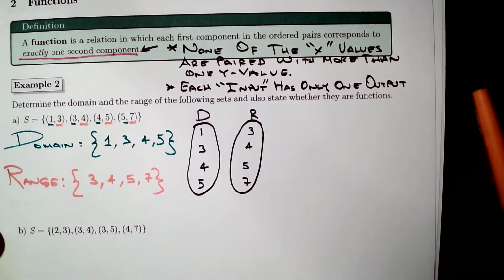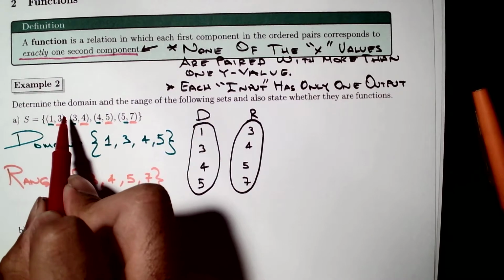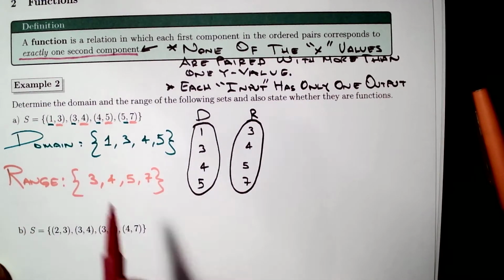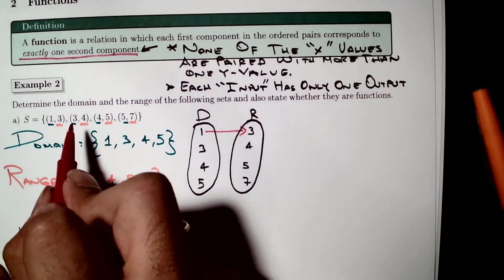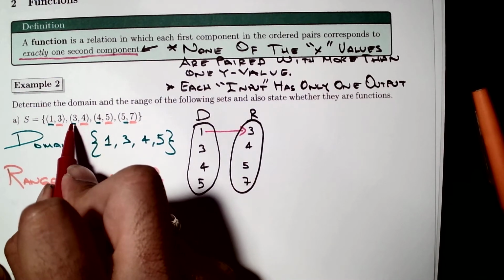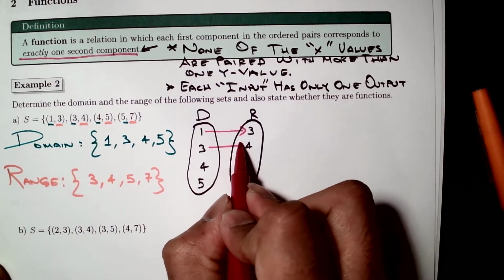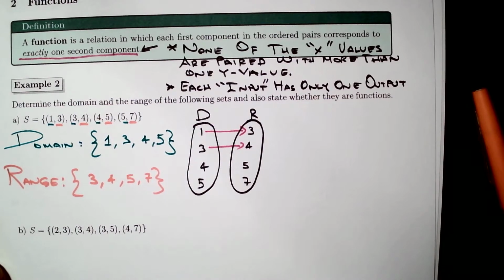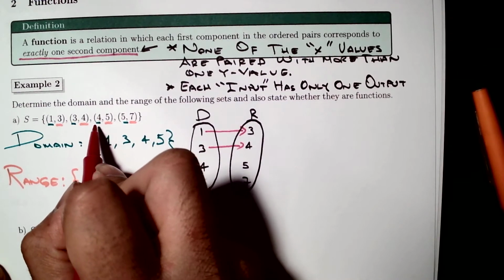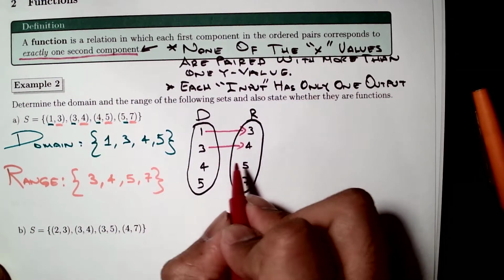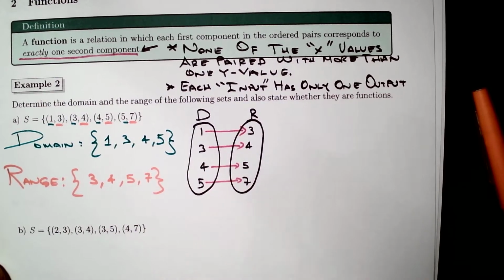So what are we going to do? I'm going to read every single ordered pair. For example, the first ordered pair, 1, 3, is telling me that 1 is being mapped to 3. The second ordered pair is telling us that the x value 3 is being mapped or paired to the value of 4. The third ordered pair is telling us that the input 4 is being paired to the y value of 5, and last but not least, 5 is being paired with 7.